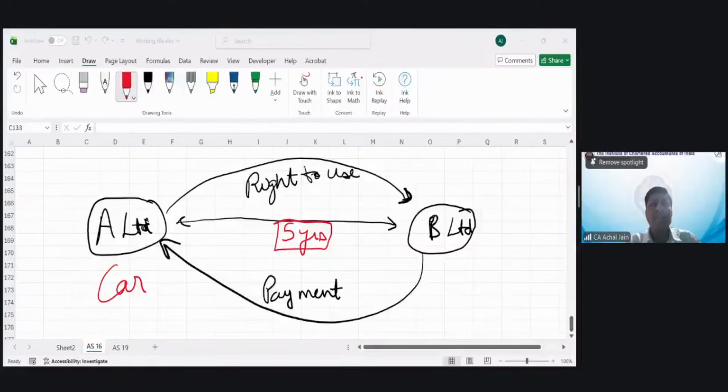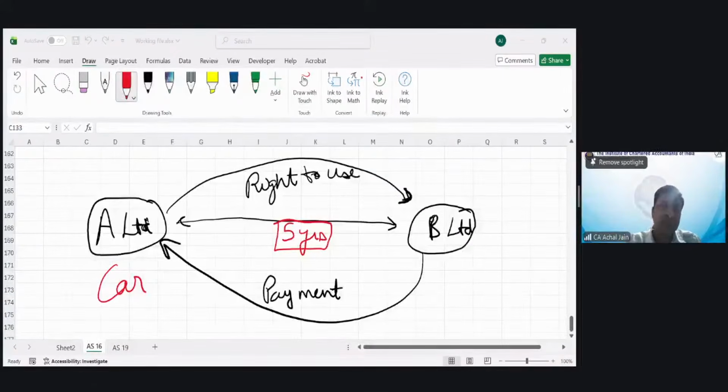You may be thinking, is it not a rental arrangement? The answer is yes. It's nothing but a rental arrangement, and this is what you call a lease arrangement. Understood what a lease is? An arrangement like this becomes a lease arrangement.